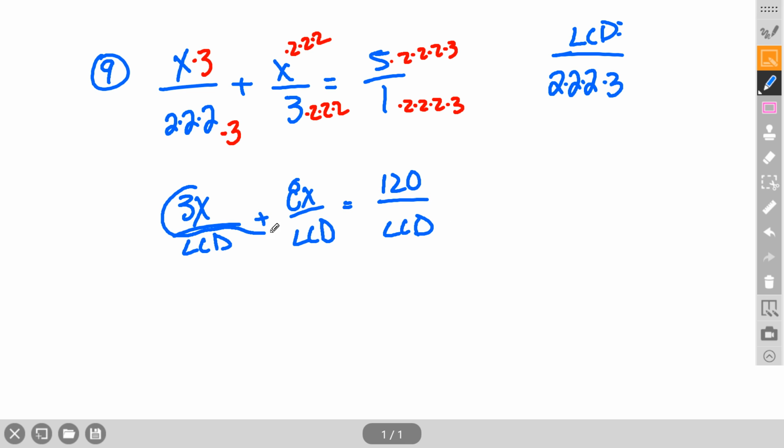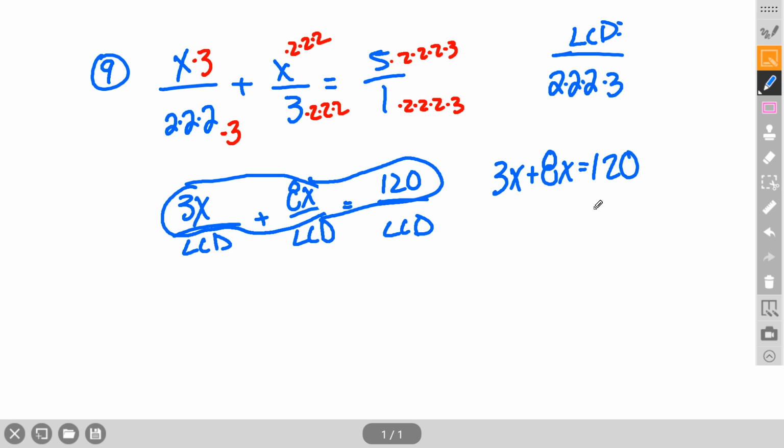Now I only need to consider the problem in the numerator. We got 3x plus 8x equals 120. Combine like terms, 3 and 8, 11x is equal to 120.